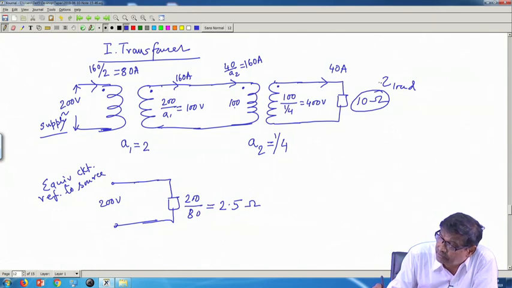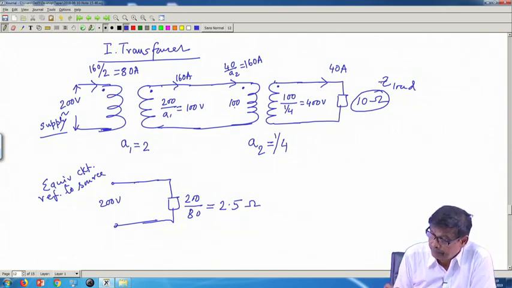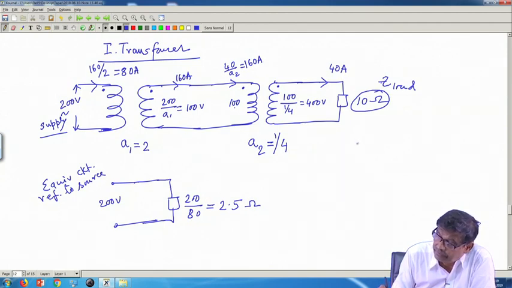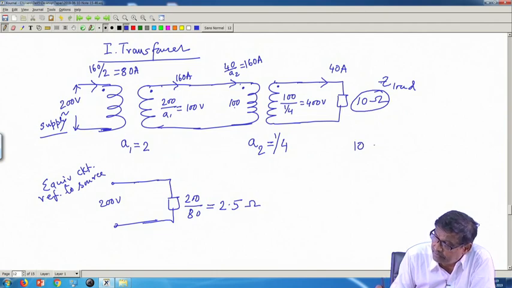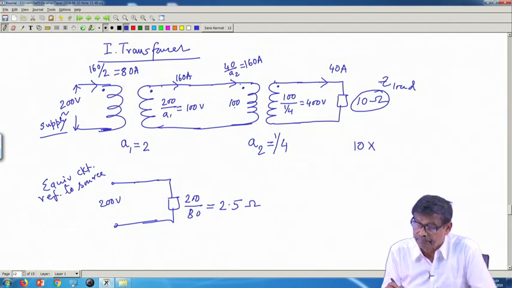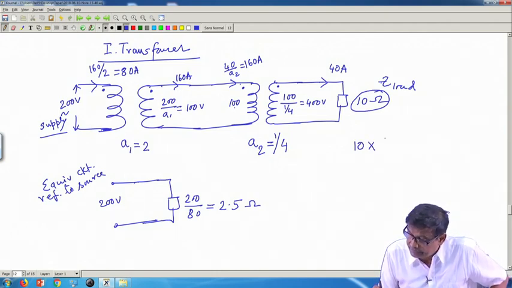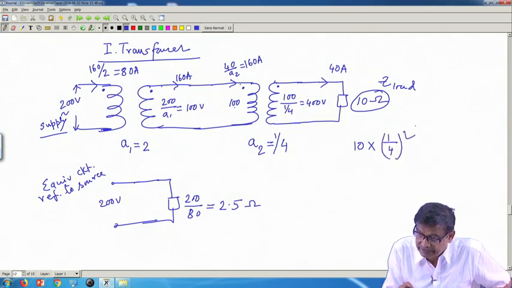Z load is this. So, to this here, this impedance will appear to be 10 into a square, that is 1 by 4 square, this impedance.